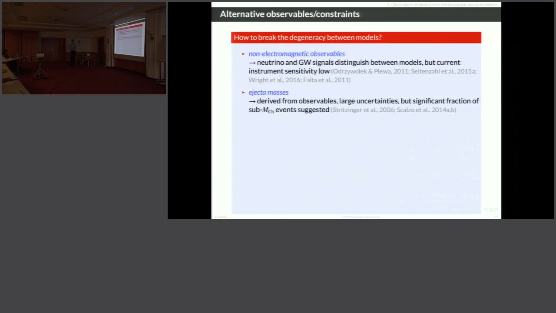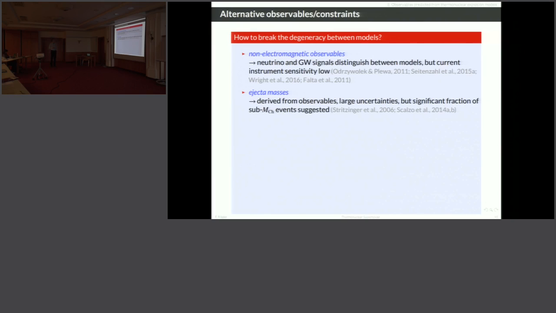Ejecta masses, well, this is another way to distinguish between Chandrasekhar mass explosions and sub-Chandrasekhar mass explosions naturally. The question is, what do observations tell you about the ejecta masses? This was tested by Max Stritzinger and Jit Scalzo, who on the basis of large sets of observations tried to predict what the ejecta structure would have been in the observed type 1a supernovae.